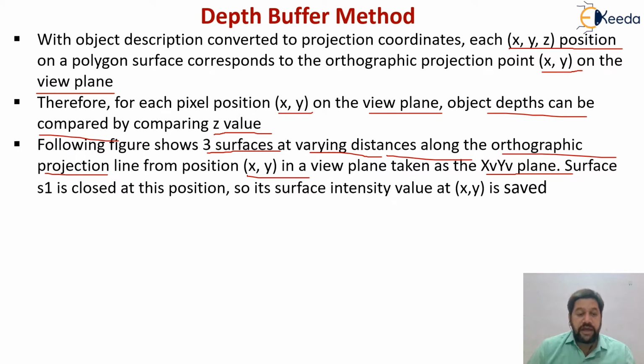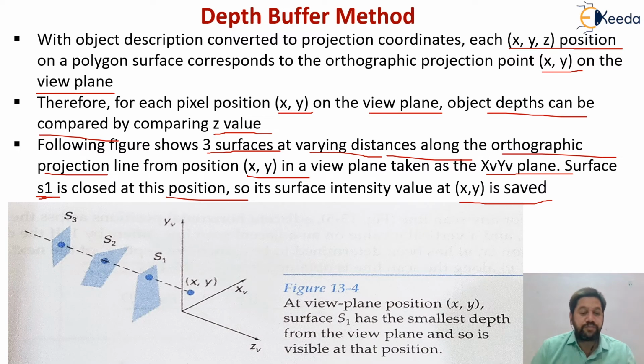Now in that diagram we can say which surface is closer. S1 is close at this point position, so its surface intensity value for x comma y is saved. Let us understand the diagram so that we come to know how this depth buffer method is applicable. Just look at this particular diagram.